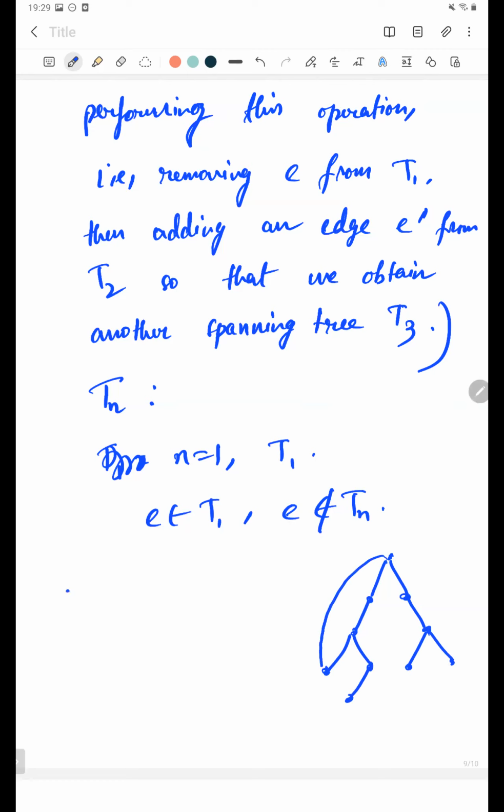So from this new cycle, from this thing, we will choose an edge and we will remove it.